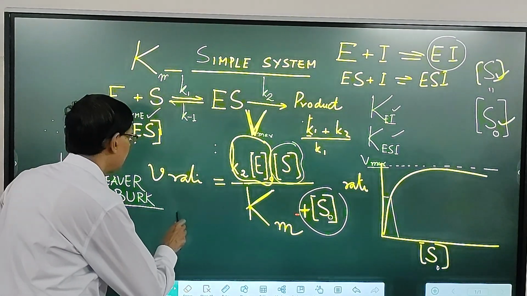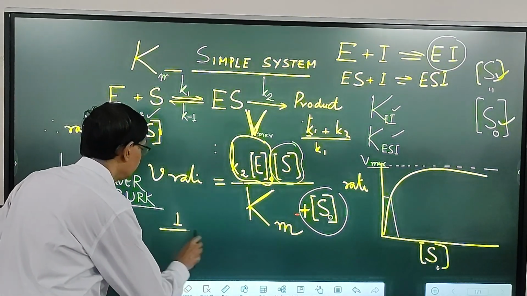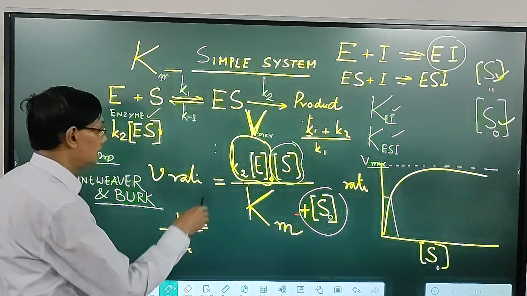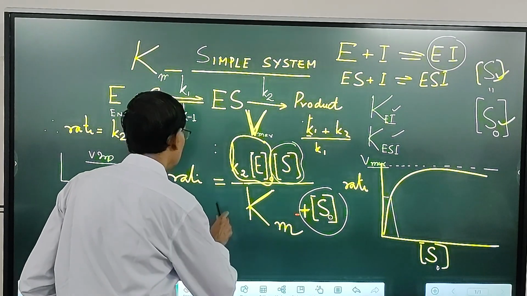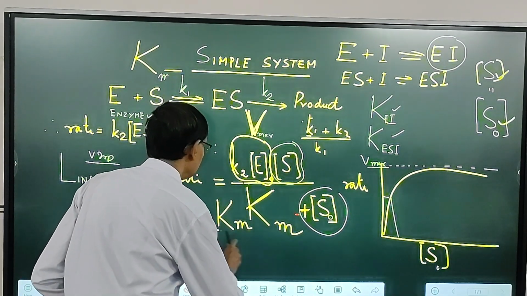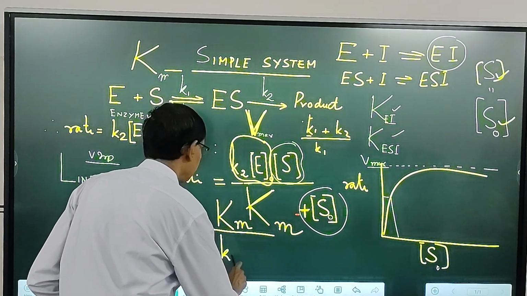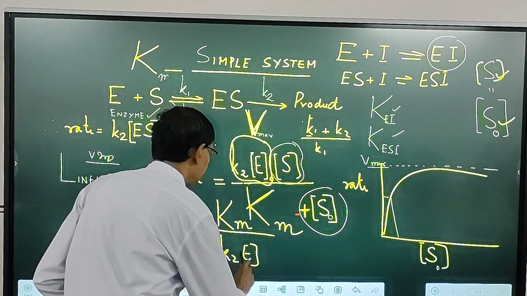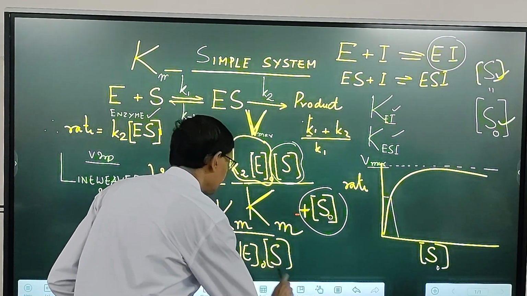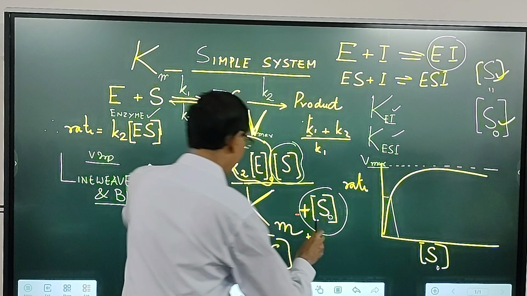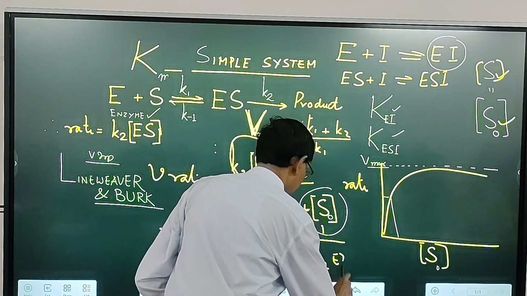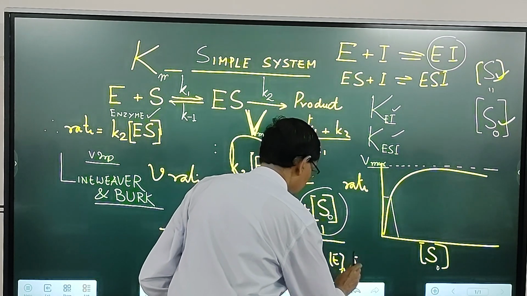That means if I write 1 by rate, I just reverse these things. So it is Km divided by K2 E0 S. No, K2 is 0.